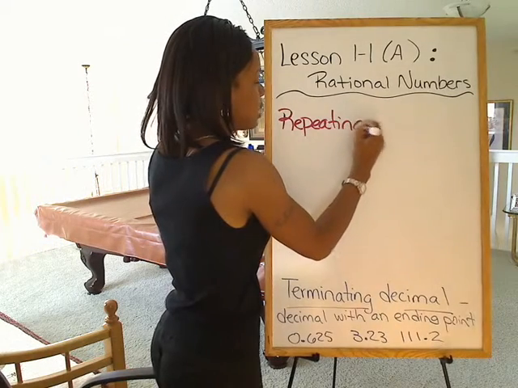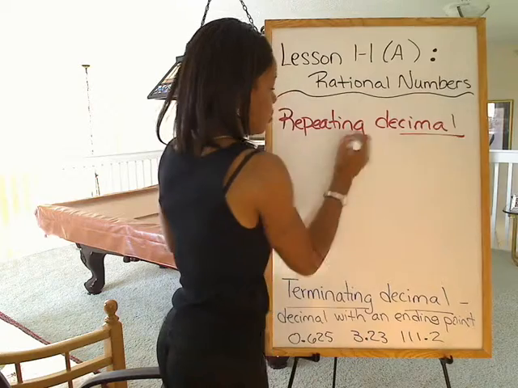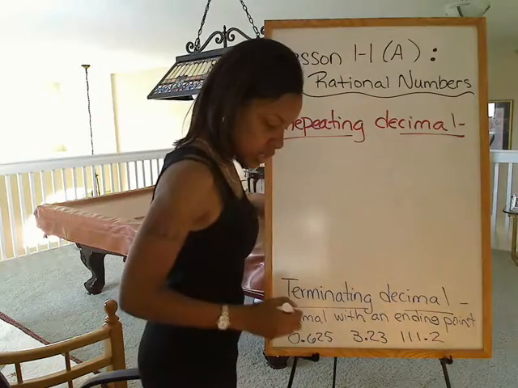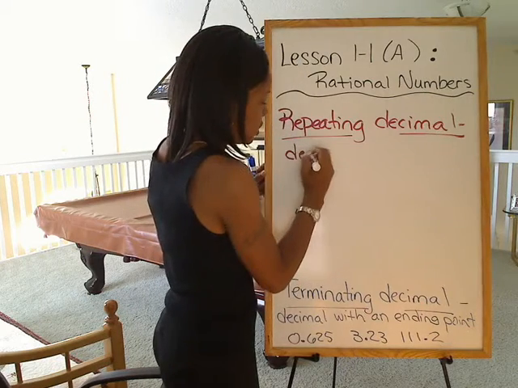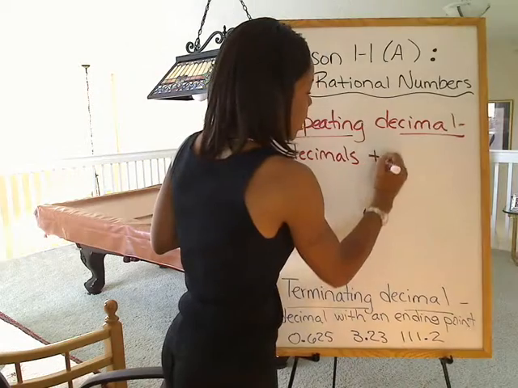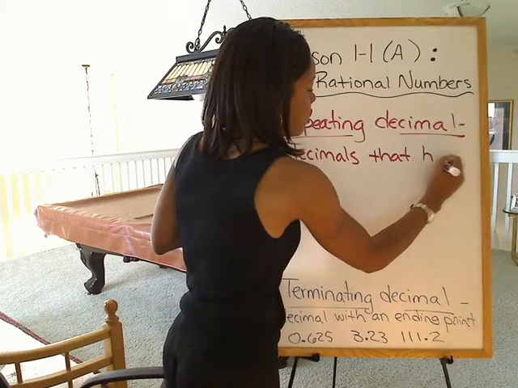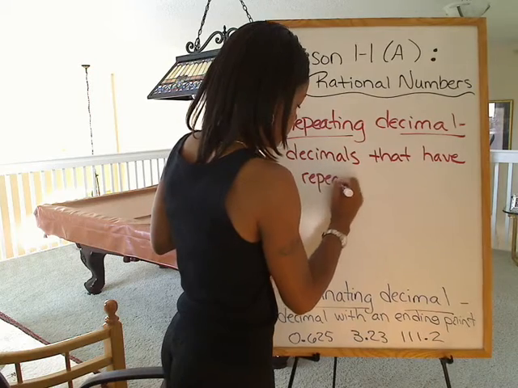It's a decimal that has a repeating pattern in it. So for instance, repeating decimals, let's write down the definition first. Decimals that have a repeating pattern of digits.